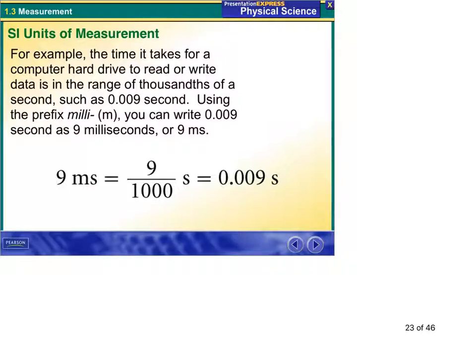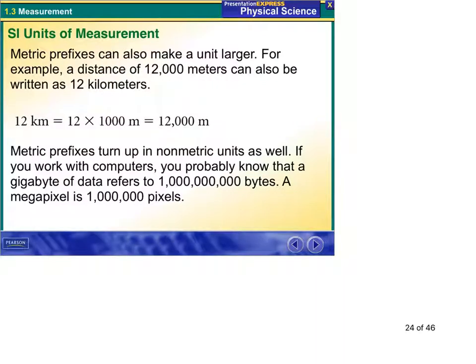So if you have 9 ms, standing for milliseconds, that means there are 0.009 seconds. We divide by 1,000 to get to the seconds. Or 12 kilometers is the same as 12,000 meters, because each kilometer is 1,000 meters.